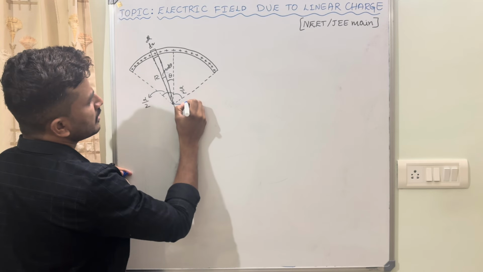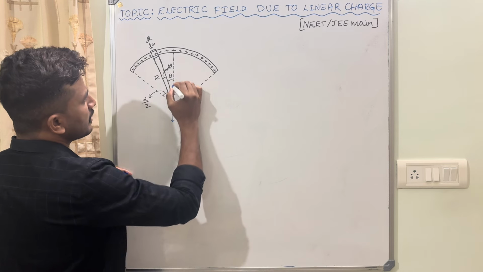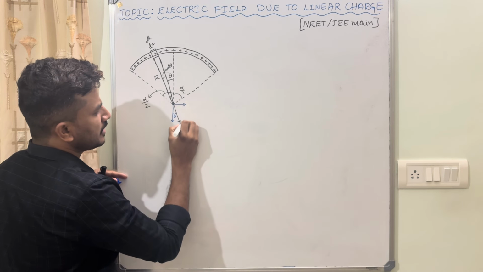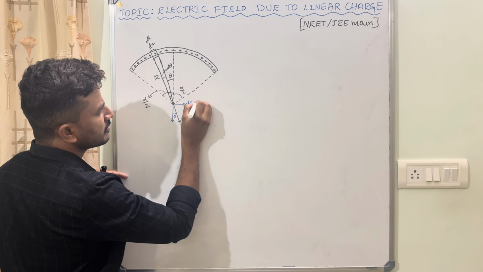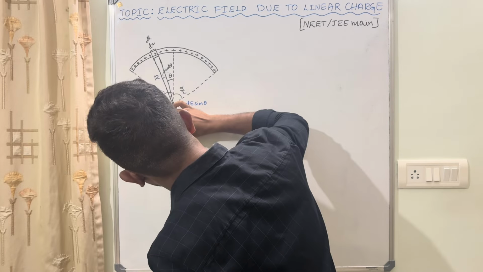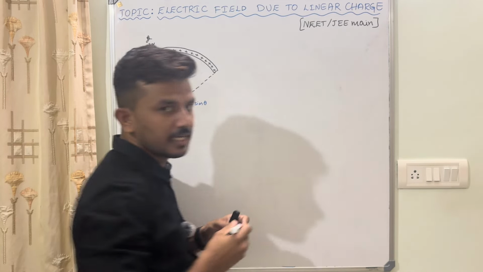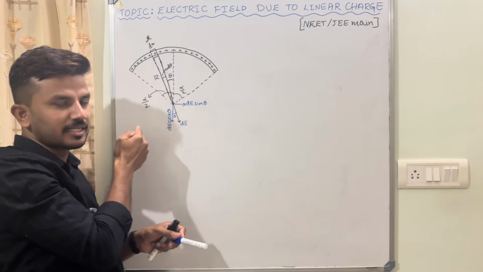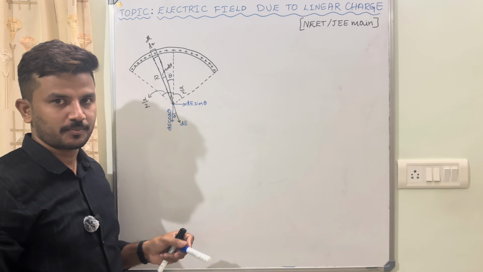If this is theta, this will also be theta, correct? So this is dE sin theta and this is dE cos theta, because theta is there on this side you get cos theta, and on this side 90 minus theta, so that is dE sin theta.